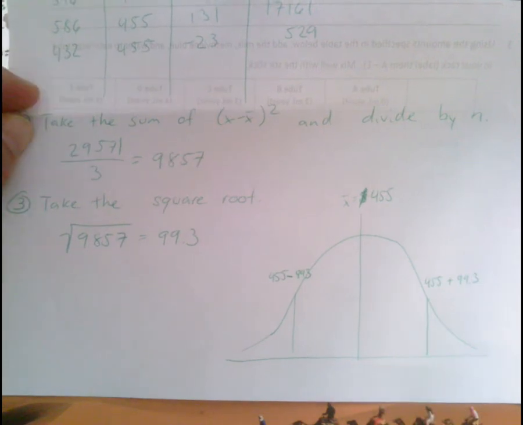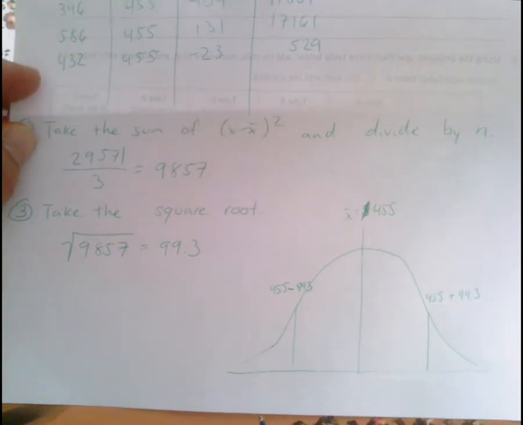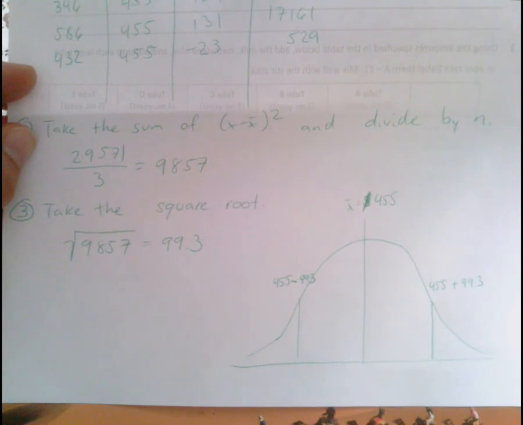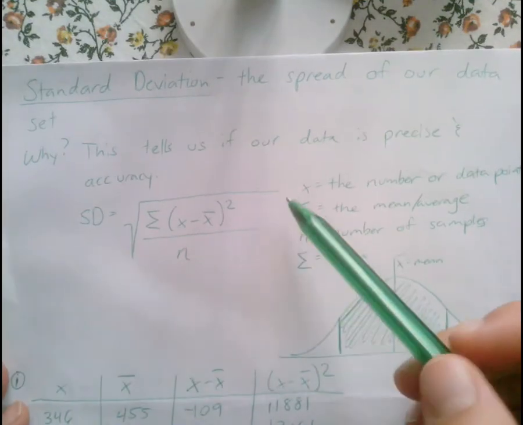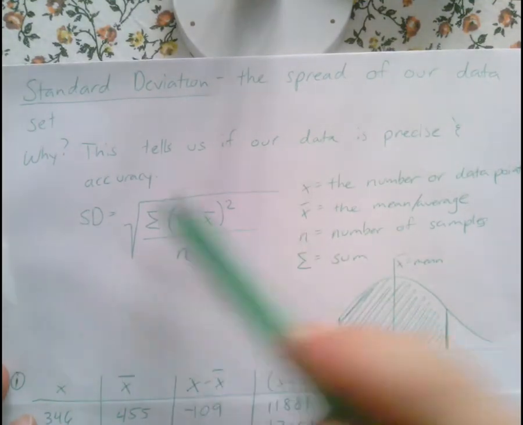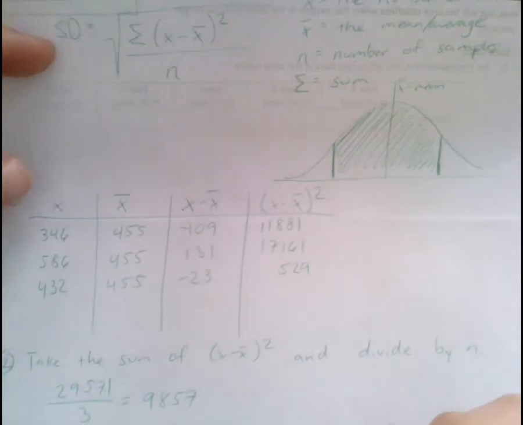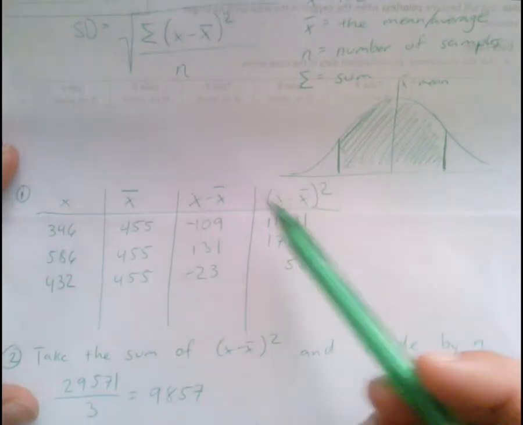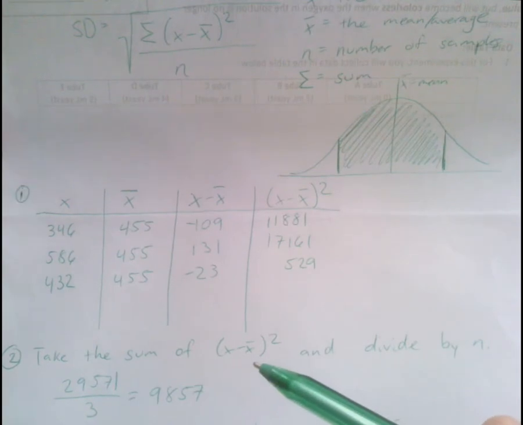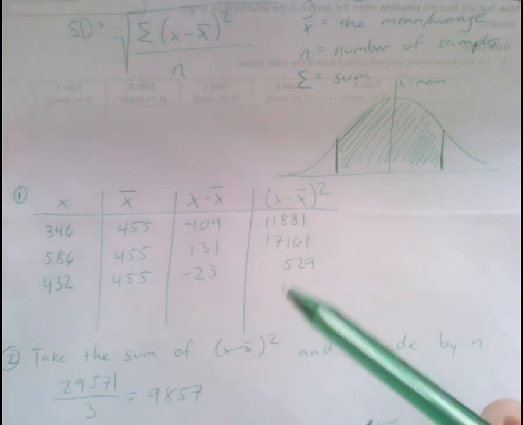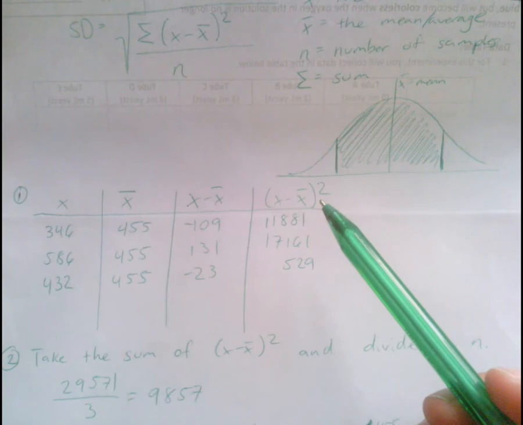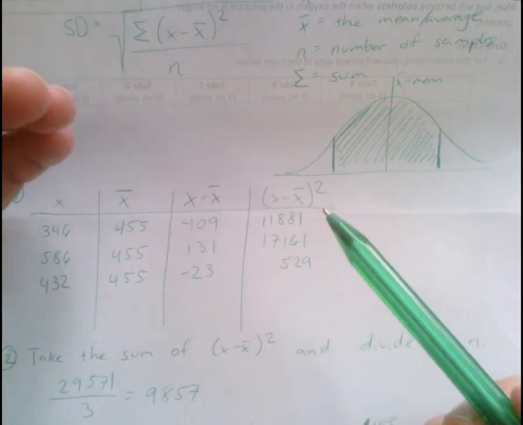So I'm going to have you give this a shot. I would do it by hand because you're going to be typing your IA, but in reality, in your IA, you should show what the formula is for the standard deviation. You should be discussing what it means, and I think it would be wise to show a sample calculation just to show that you know what you're doing, and that you understand the calculation as well.